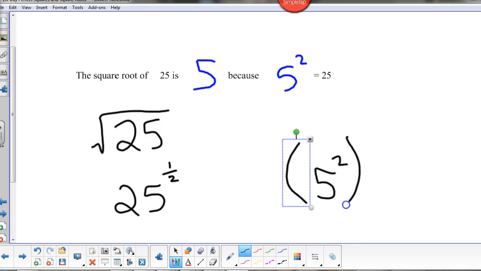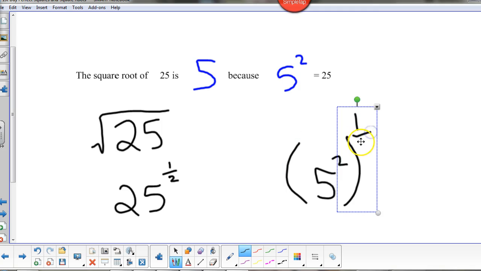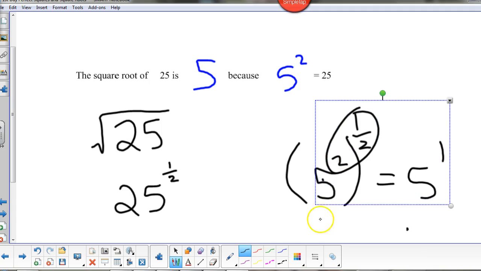The half root of that, if I think back to chapter 4, all right, what happens when you do a power to a power? You can multiply the exponents. So this is 5 to the first. 5 squared is 25. If you did 25 to the 1/2 power, you'd be back to 5. All right, so they're the same. So this is the square root sign. 1/2 power means the same thing.